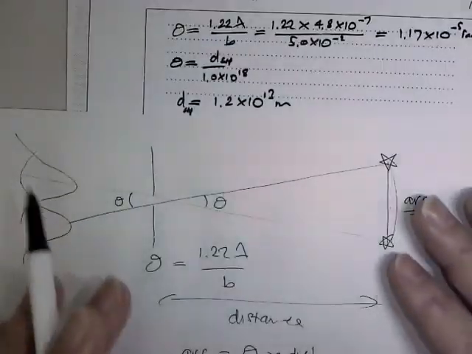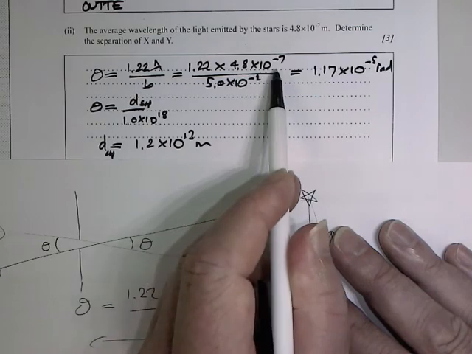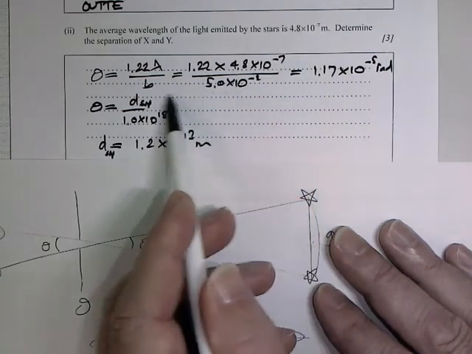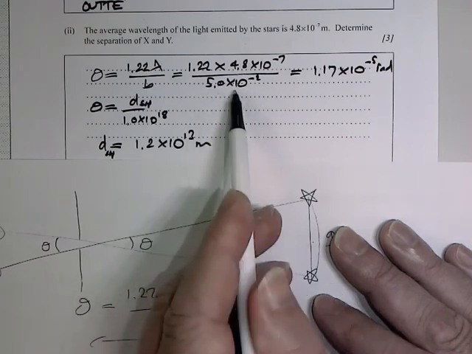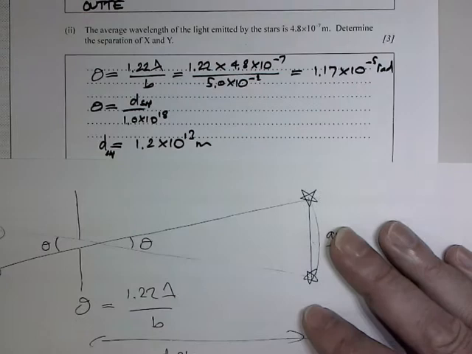Yeah, theta's easy to determine. Here it is. I just put the value of the wavelength in. Just watch out that you get the meters and not nanometers mixed up. B, the value in meters as well here, and I get a tiny angle of 1.17 times 10 to the minus 5 radians. That's that angle here because it's the same as that angle here.